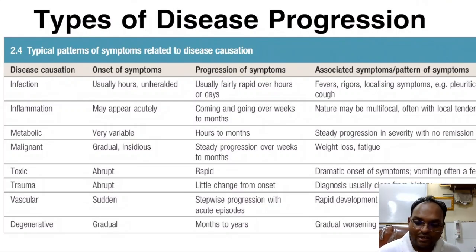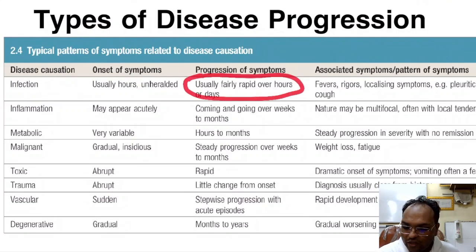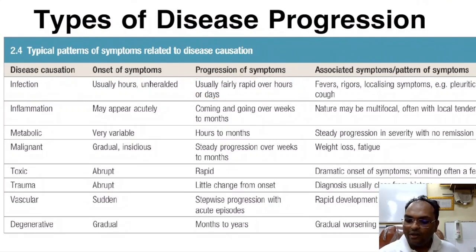So as you can understand that infection will usually be very acute, hours, and it may be unheralded. That means it may be precipitated by nothing. The first symptom of something is fever, and usually fairly rapid progression over hours or days, and usually you will have a fever with rigor.